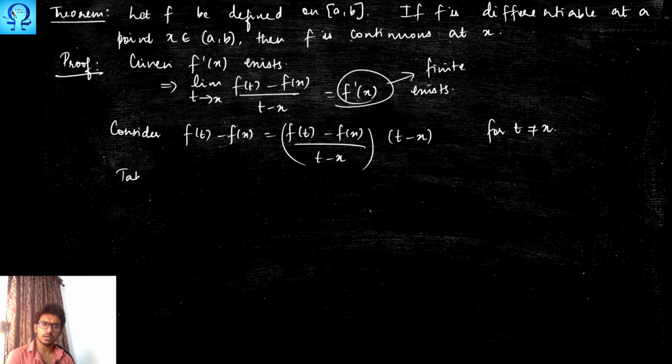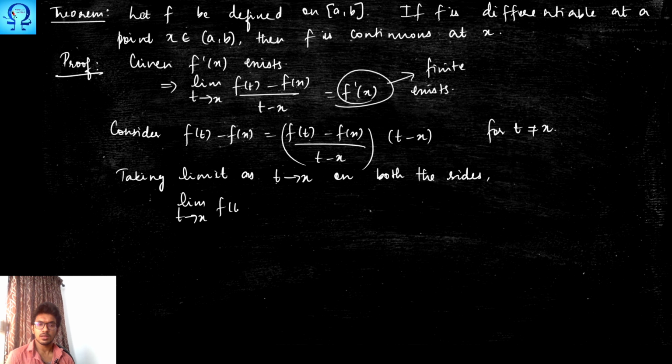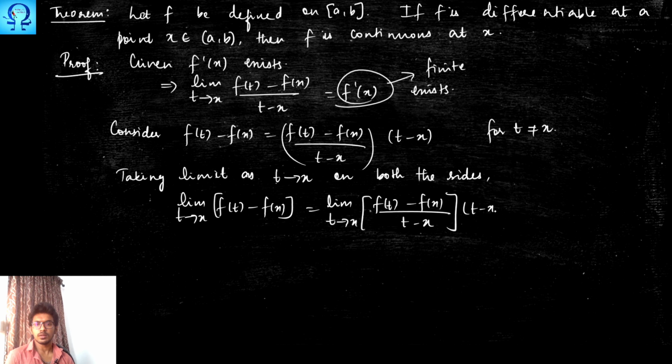Now let us take the limit as t approaches x on both sides. Then what is going to happen? The limit as t approaches x of f(t) minus f(x) is the limit of (f(t) minus f(x)) upon (t minus x) times (t minus x). The limit applies to both the terms. Now we shall make use of the difference rule and the product rule of limits.